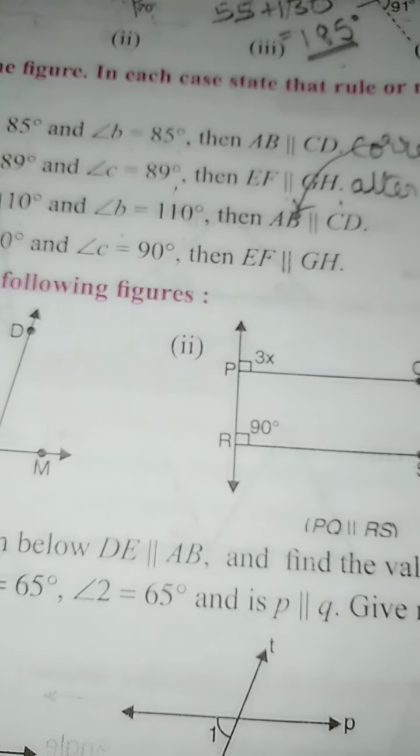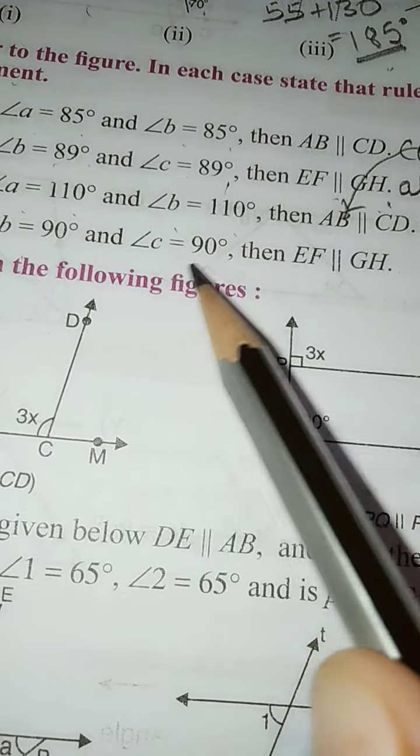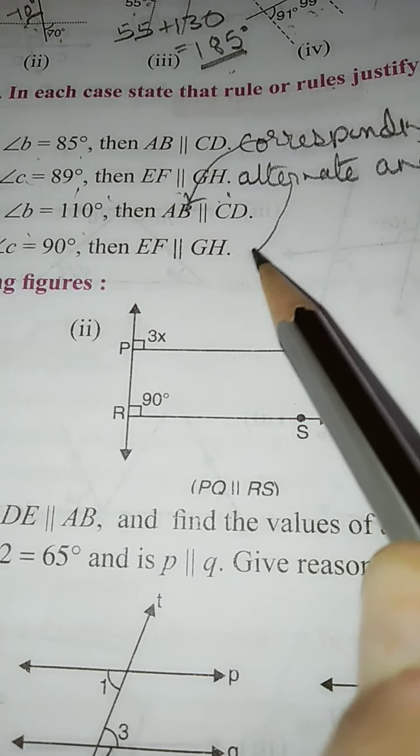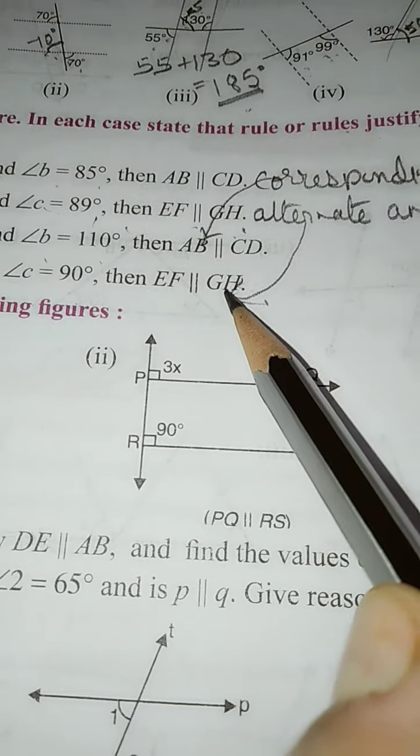Now angle A 110, angle B 110. Again A and B are corresponding angles, so same reason you will give as for the first one. Corresponding angles are equal. Here angle B is 90 and angle C is 90. Again it is the same as before, so alternate angles are equal. These are the reasons. This one line reason you will write in your notebook along with the diagram.